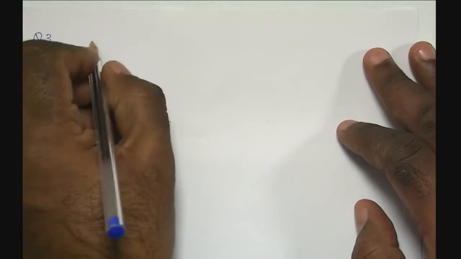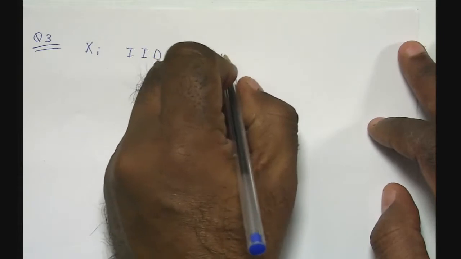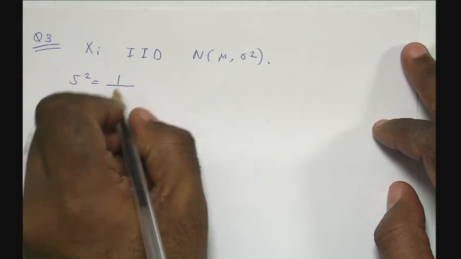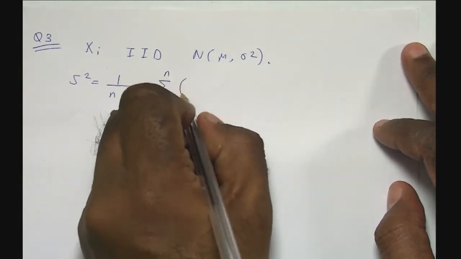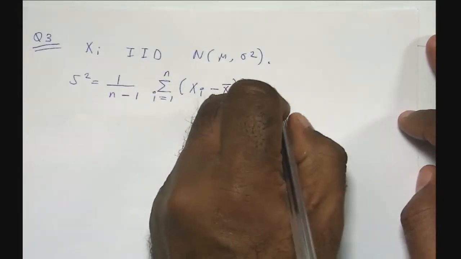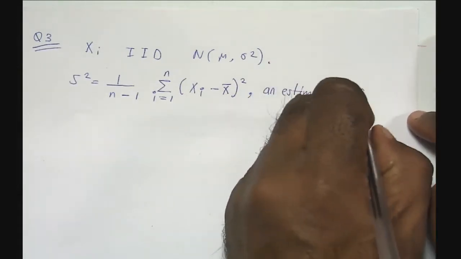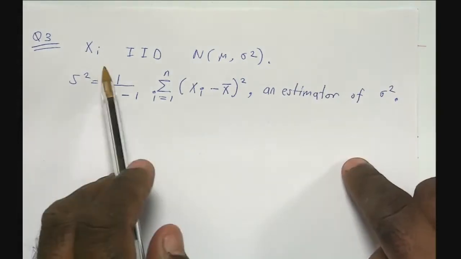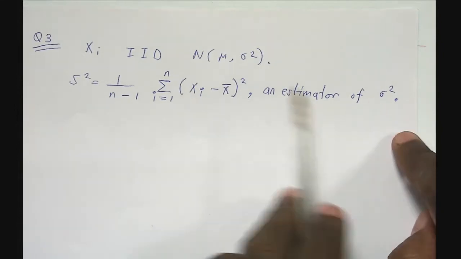Alright guys, so you have xi iid normal, and s squared is a possible estimator for sigma squared.